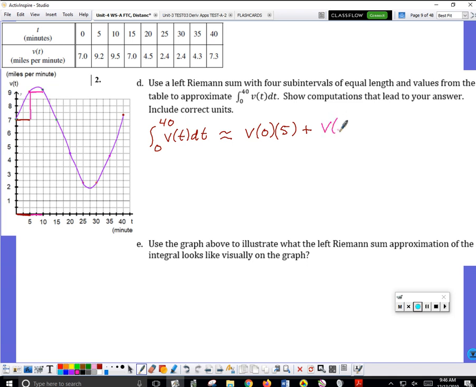I take the velocity at time 5, and I multiply that by 5 minutes. So I'm doing what the integral says. I'm taking a velocity multiplied by some amount of time. I want to talk about it a bit. Cool. Now I keep going.